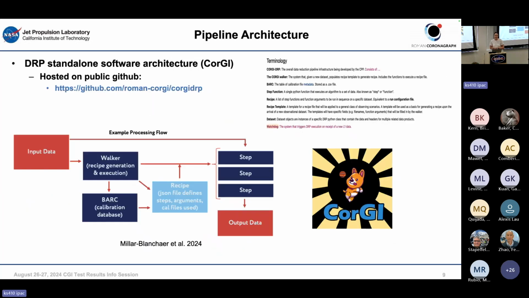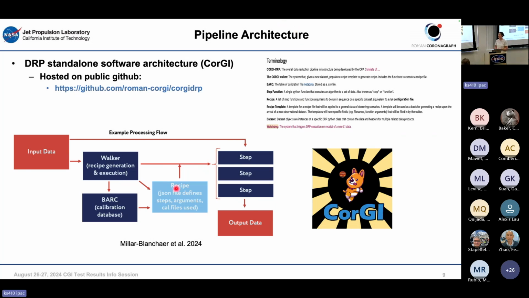Right, so a few words about the Corgi standalone software architecture. It is hosted on a public database, as I said, so accessible, currently in development right now. You will note the themed terminology. We have here an example processing flow for how this pipeline is going to work.